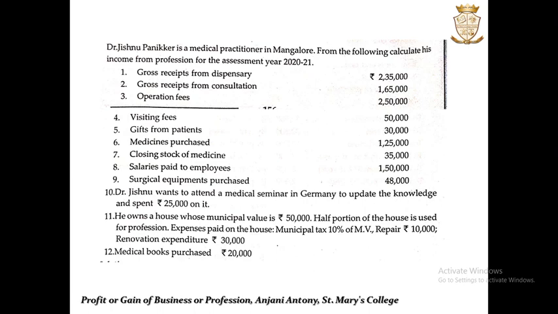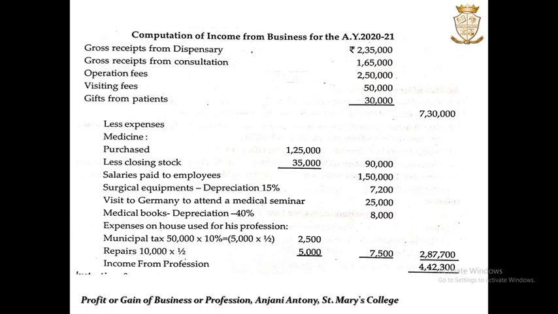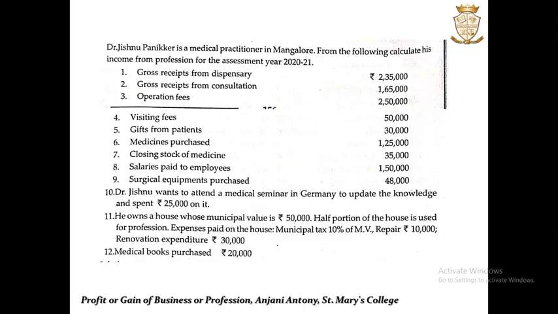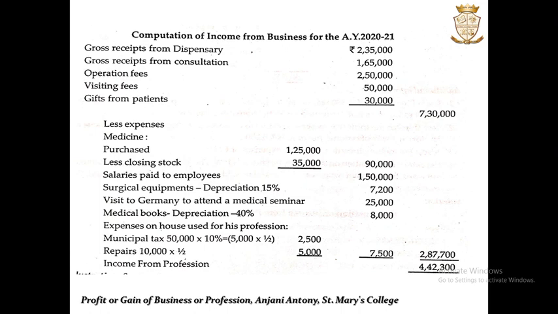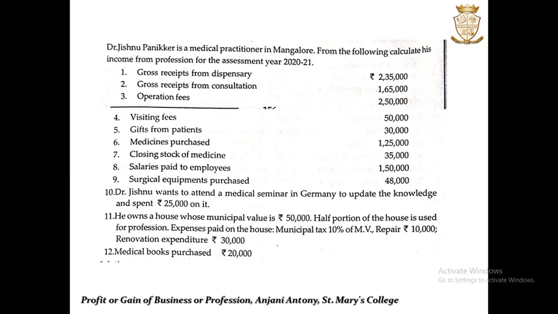Surgical equipments purchased, as you know, the whole 48,000 will not be considered. We need to find its 15% depreciation. So we are calculating 48,000 into 15% and you will be getting 7,200 rupees. And next item is he went to a medical seminar in Germany and it is related to his profession, so we can deduct the whole amount of 25,000 here. And next one is in case of house.